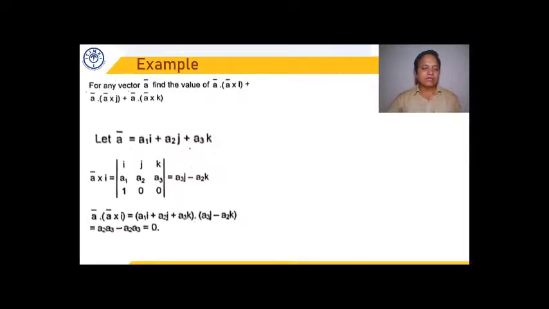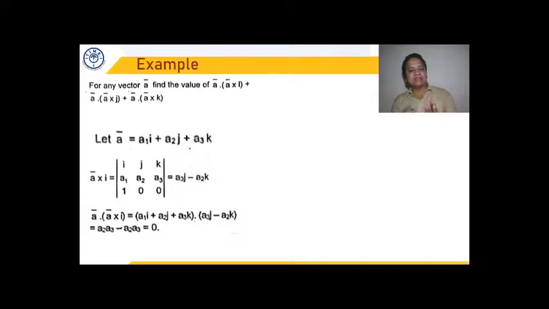So, when we have to do A dot A cross I, vector A is A1I plus A2J plus A3K dot A3J minus A2K. Whenever we take the dot product, we multiply coefficients of I, coefficients of J and coefficients of K with the respective sign and add them.